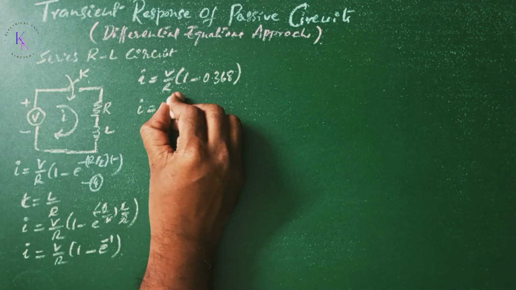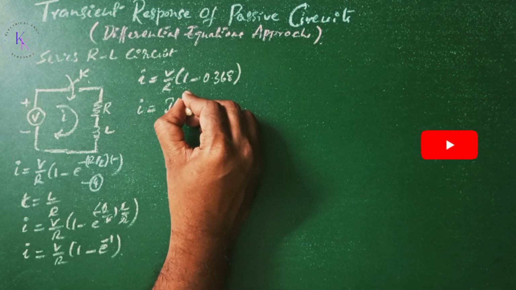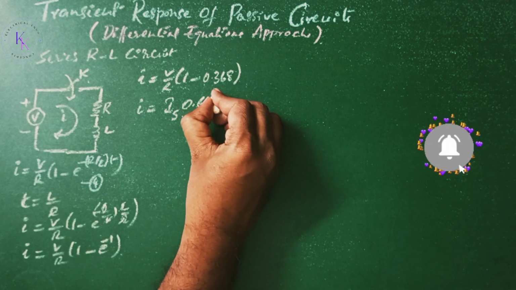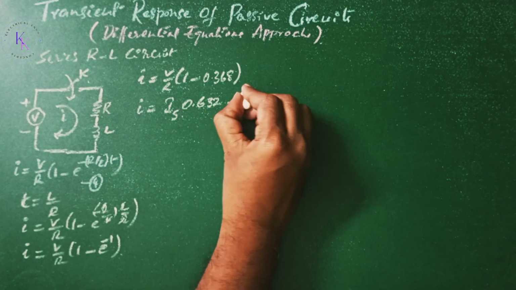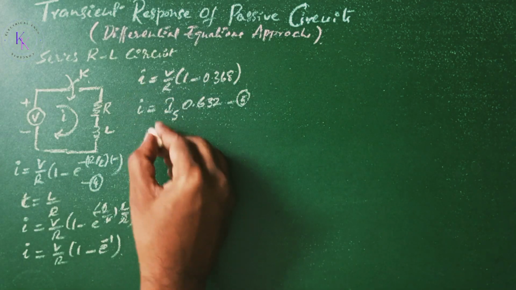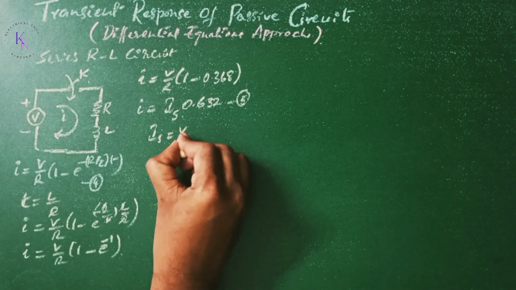V by R is the steady state current IS, so I equals 0.632 times IS. Let this be equation number 5, IS being the steady state current, that is IS equals V by R.